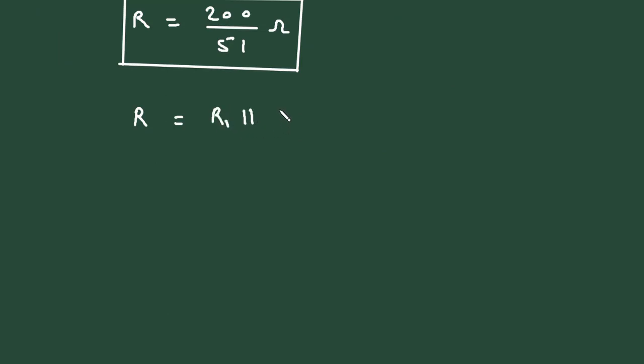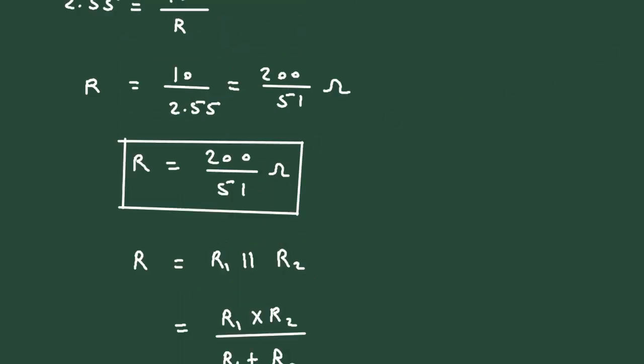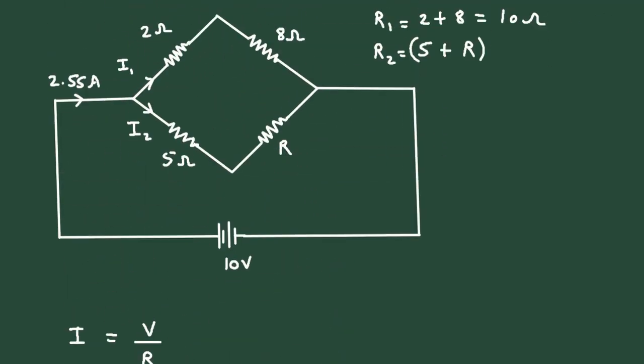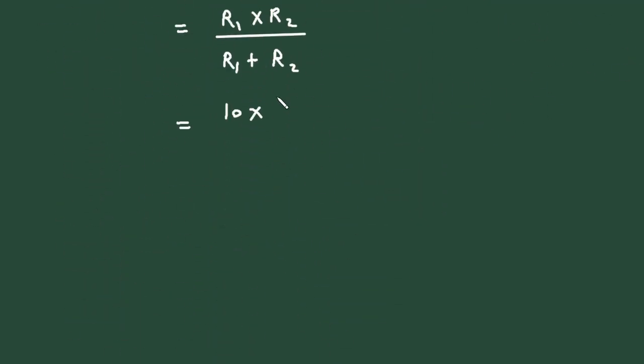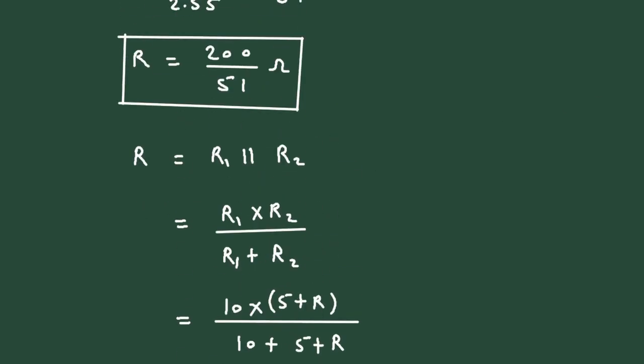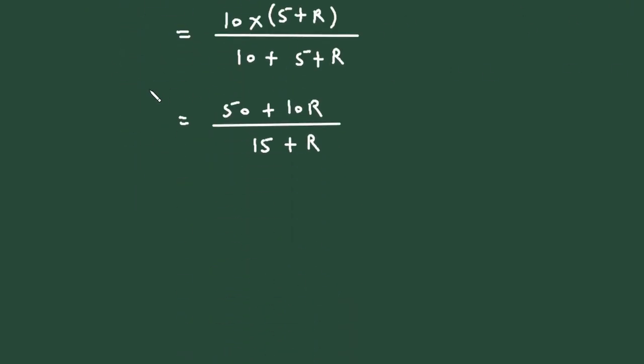So R3 plus R1 into R2 divided by R1 plus R2. And this will be here. Now if we substitute all the values, the value of IT is 10 ampere multiplied by R1 into R2.